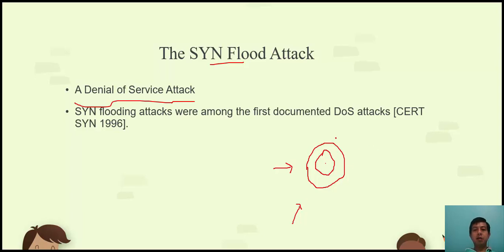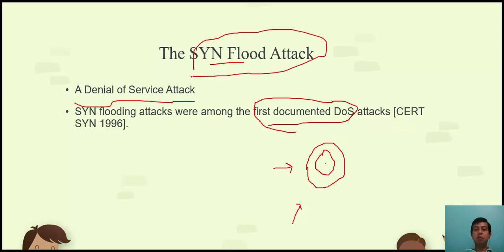Because the first denial of service case that was documented was done using this particular attack known as SYN flood attack. So the first documented denial of service attack was done using the SYN packets of TCP. So you should actually know how this was done.